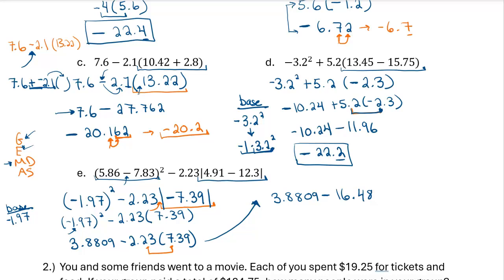Here, I again have more negatives than I do positives, so I know my answer will be negative. I'm going to subtract, and I get 12, and then 5, 9, 8, 8.